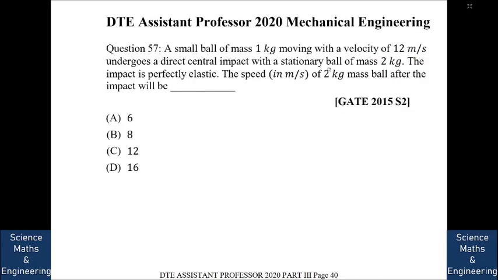Next question. A small ball of mass 1 kg moving with a velocity of 12 meter per second undergoes a direct central impact with a stationary ball of mass 2 kg. The impact is perfectly elastic. The speed in meter per second of the 2 kg mass ball after the impact will be, so it is from engineering mechanics.